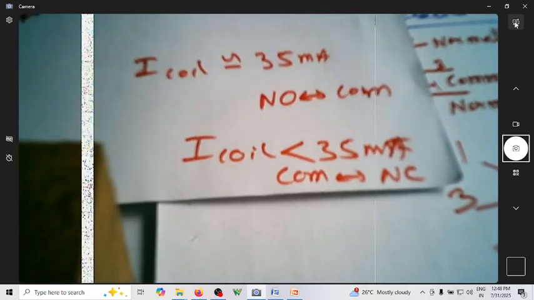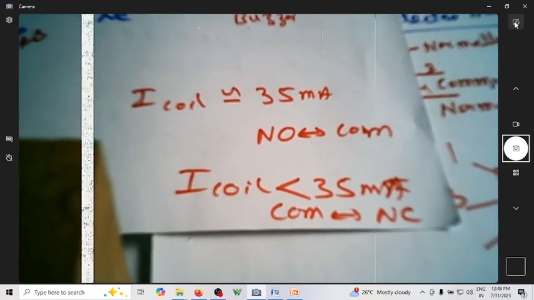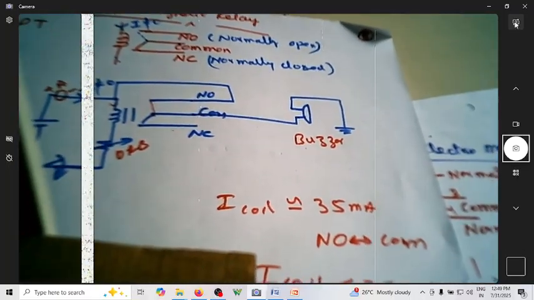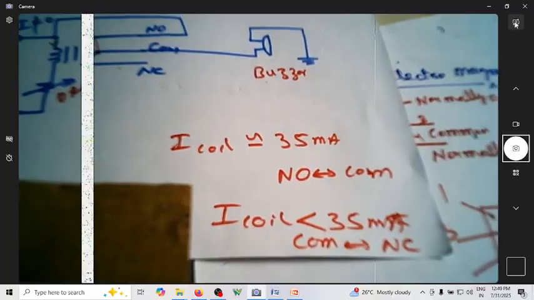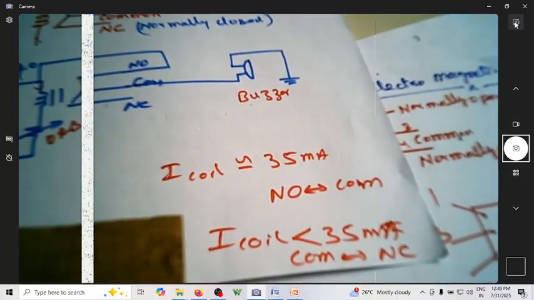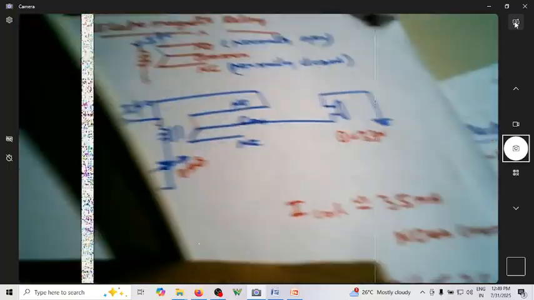Correct? Basically you need to have a current of more than 35 milliamperes in the design to ensure that much current flows through the coil so that common is connected to NO.